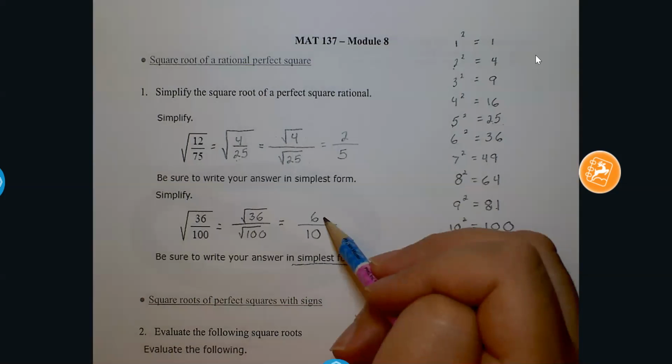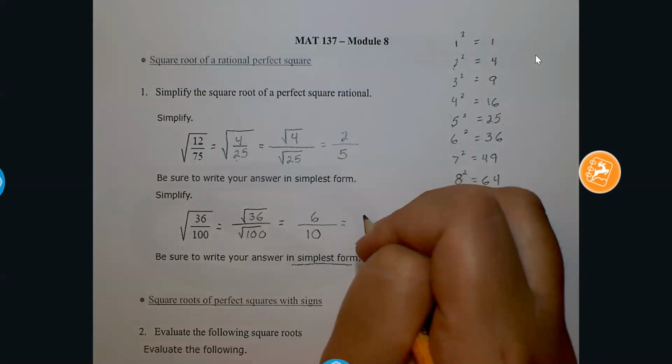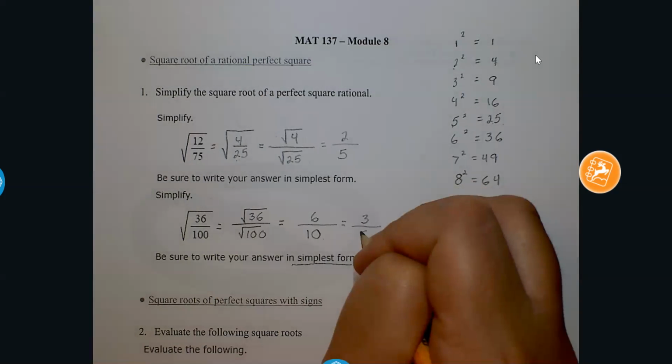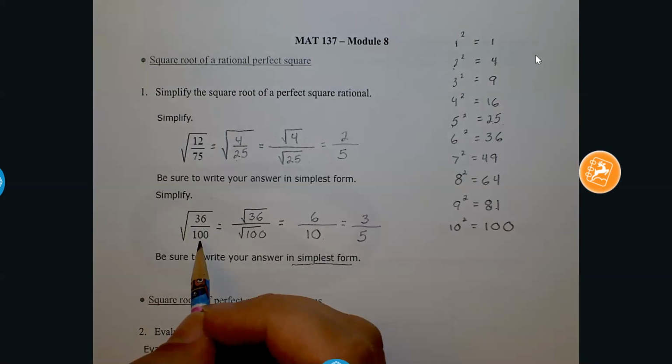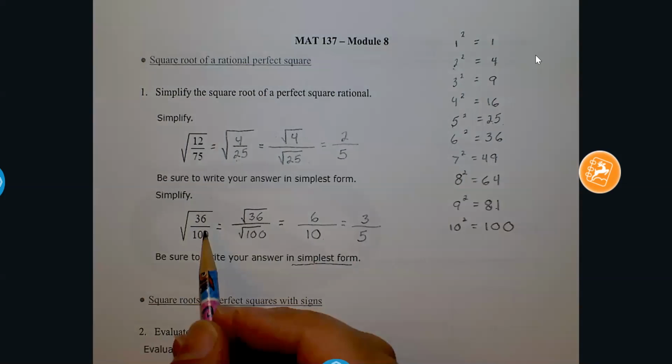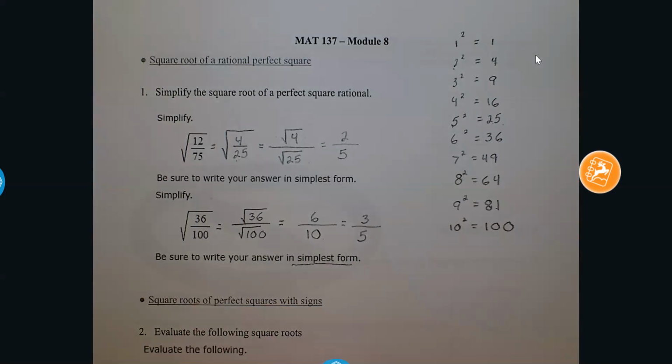So what goes into 6 and 10? That would be 2. So this would become 3/5. If we simplified 36 over 100 at the beginning to get 9 over 25, we would end up with 3 over 5 as well. Okay, we'll move on to our next problem.